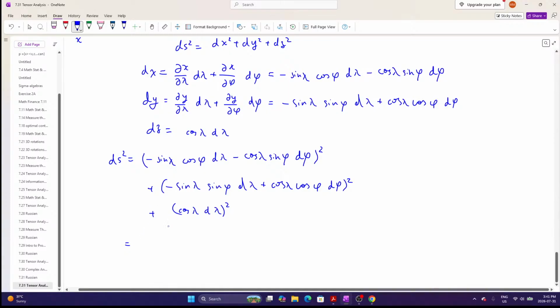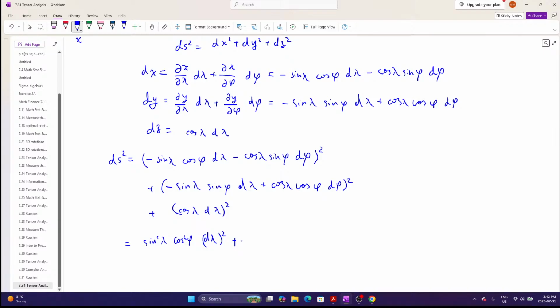So here we have sine squared lambda cosine squared phi d lambda squared, plus 2 sine lambda cosine phi cosine lambda sine of phi d lambda d phi, and finally cosine squared lambda sine squared phi d phi squared.